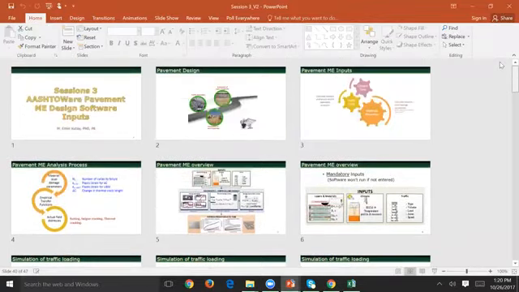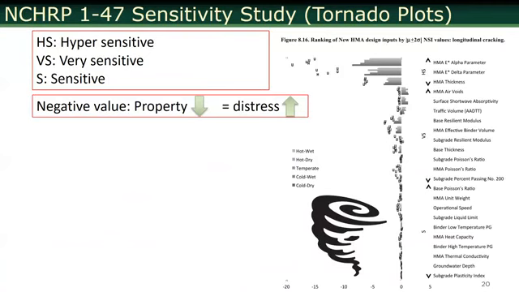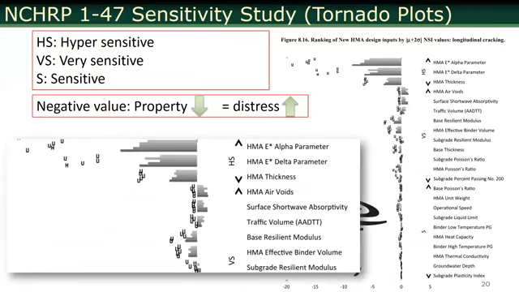Where are the tornado plots? Right here. If you look at this, the HMA alpha parameter was a very significant input, and the HMA delta parameter was a very significant input. These are essentially the winners in terms of the significance of the inputs on the outputs of Pavement ME.